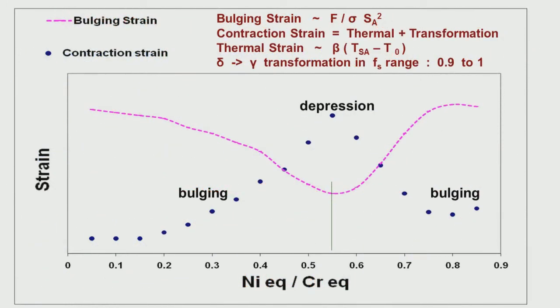The same thing has been explained pictorially. For stainless steels, around 0.55 you have relatively high contraction strain, so you have depression. The bulging strain is relatively less. For very low nickel equivalent by chromium equivalent, where the reverse is true, you have bulging, sticking, and for high nickel equivalent by chromium equivalent, that is AISI 310 type of grade, we again have bulging.